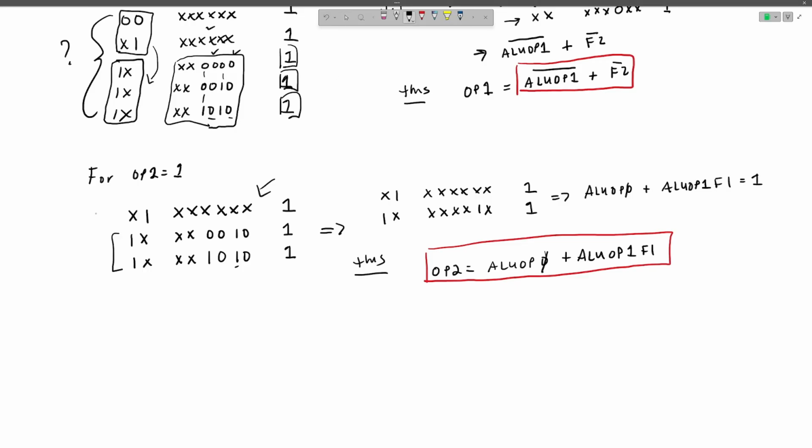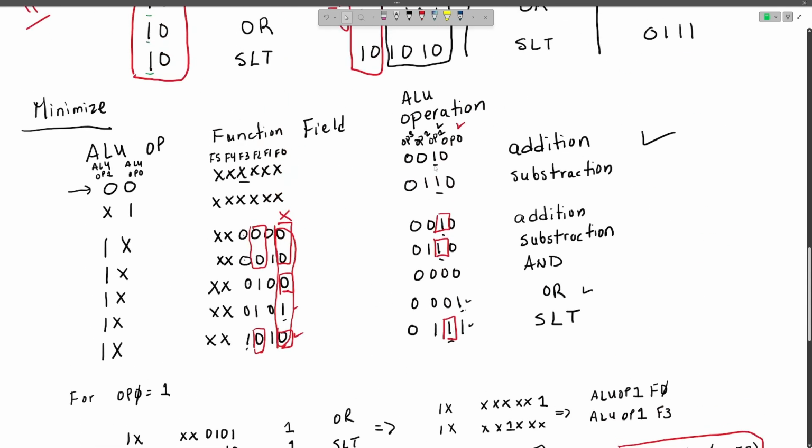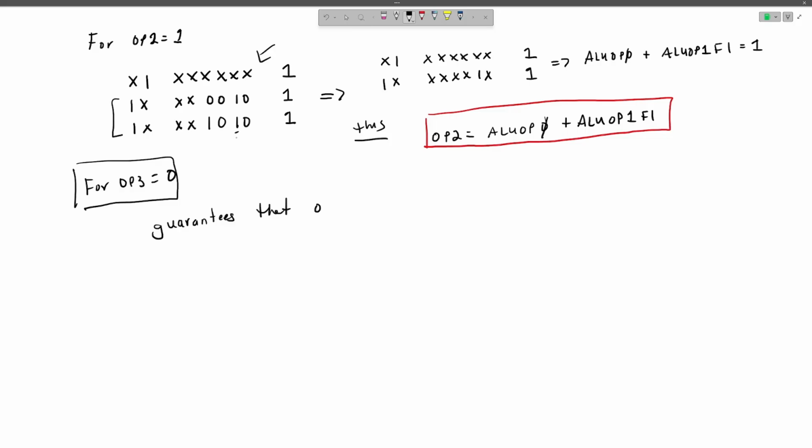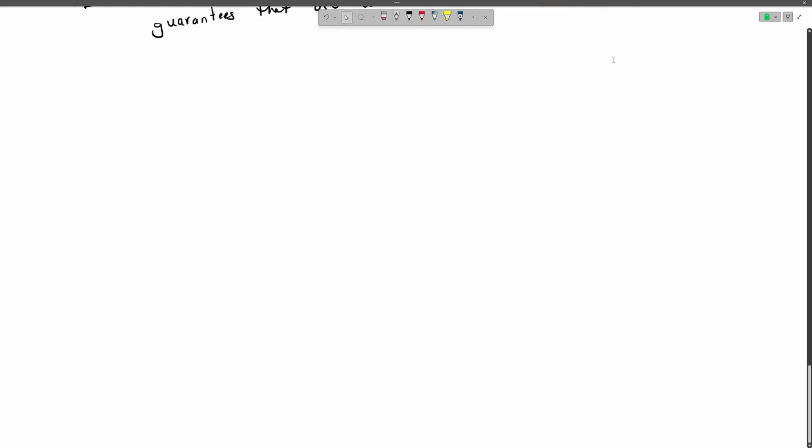And then finally, OP3 is equal to 0, because if you see, that's always 0. So that's simply 0. We can ground it, or we have to find a condition that guarantees that OP3 will always be 0.